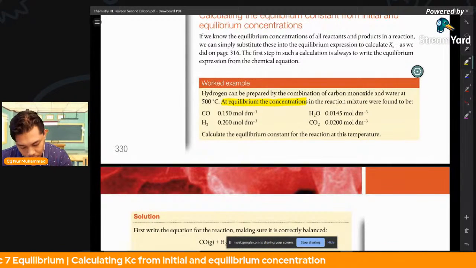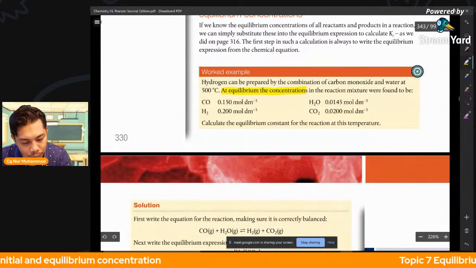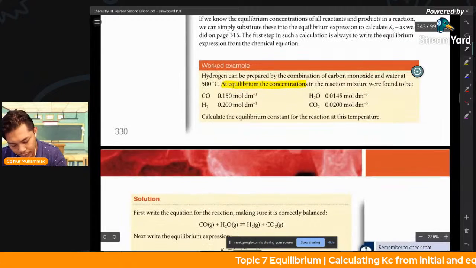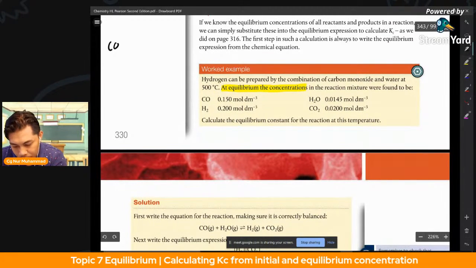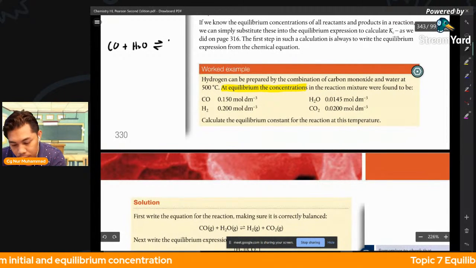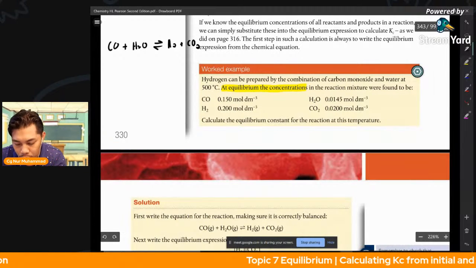So kena tahulah the formula of the reaction. Usually the question will provide the chemical equation, such as this example. Okay, carbon monoxide reacts with H2O and produces H2 and CO2.